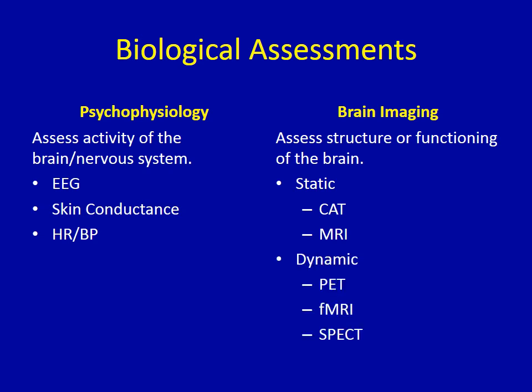In contrast, dynamic brain imaging will show us patterns of activity in the brain over time. If you have seen news articles or research studies where you see pictures of the brain where different parts are in different colors, and there are red parts and they say this part is lighting up, and there are blue parts and they say this part is not lighting up, your brain actually does not light up inside your skull, but that's meant to be a visual representation of increased and decreased brain activity.